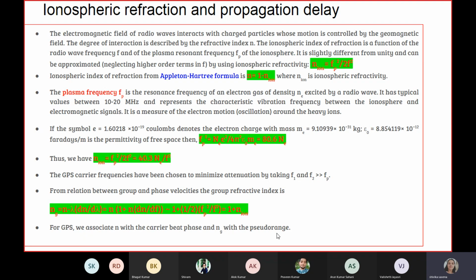This is represented by the group velocity that we saw in the previous video. So what you have to remember here is the n ion value, 40.3 Ne by f square, as well as the group refractive index Ng value, that is 1 plus n ion.